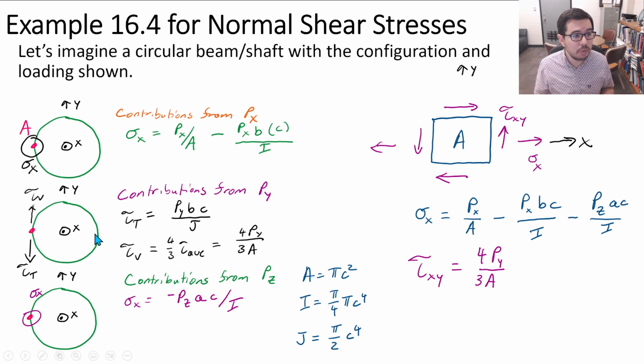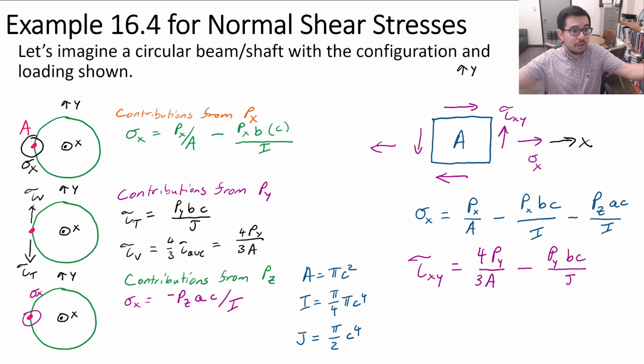So let's put this one down first, which we did. And then the next one is going to be subtracted from it. That's tau t, which is py bc over J. And that's what you have here. And that's it. Pretty quick. Then you plug in the numbers to get the directions and the values that would be relevant to that particular configuration.